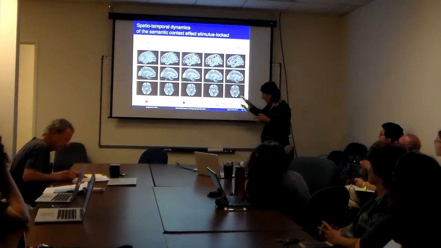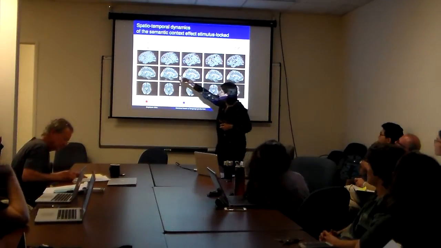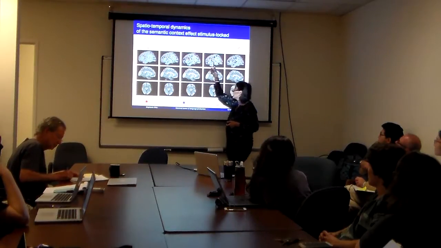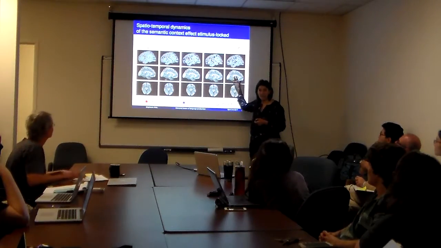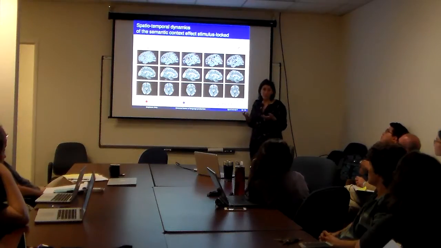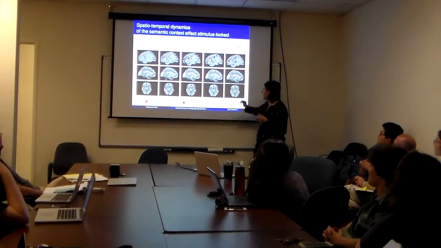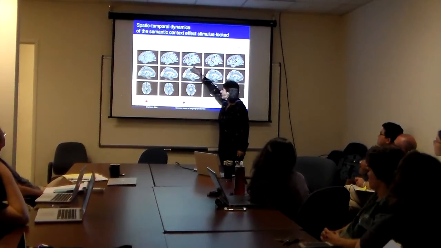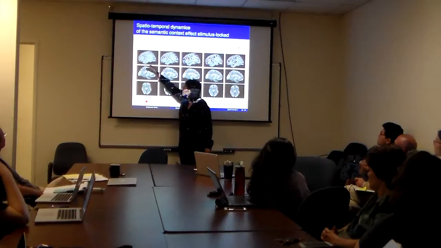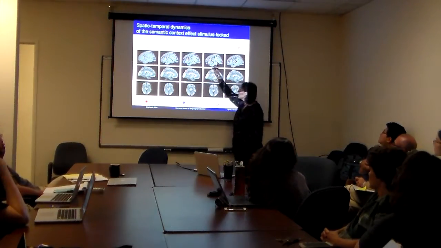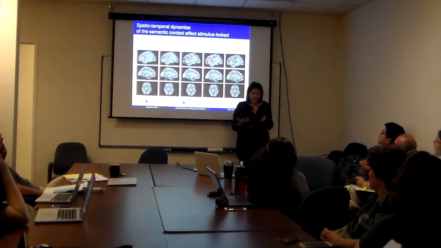And basically what I saw is that the amount and spread of the red dots here in the prefrontal cortex increases with time as we get further away from stimulus presentation. So it's as if the prefrontal cortex gets more and more involved in resolving interference from competitors in word retrieval. Also in the temporal cortex, there is actually a switch of effects. Initially there are more blue dots, and then that switches to having more semantic interference.